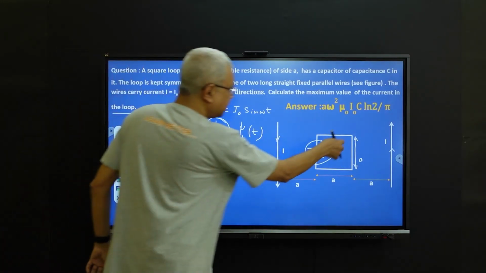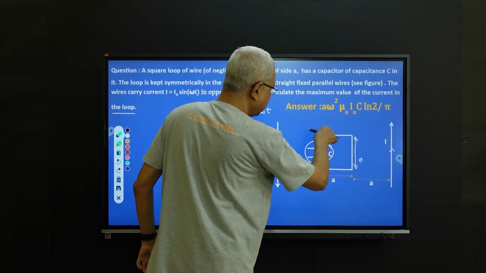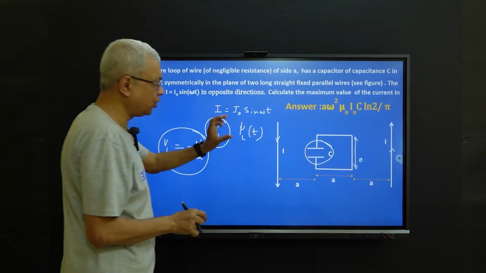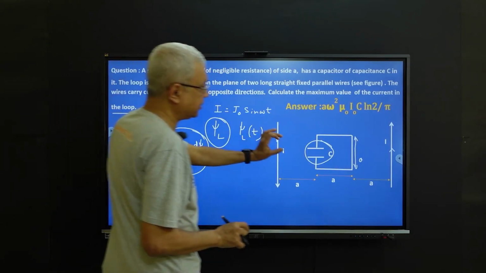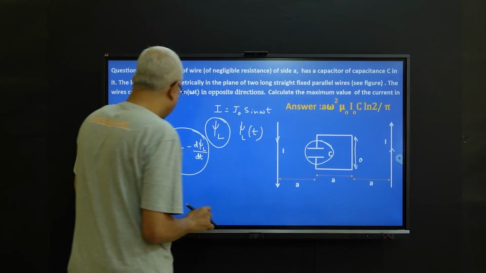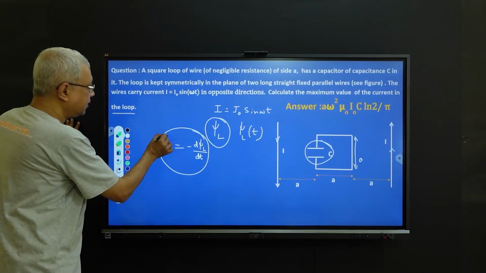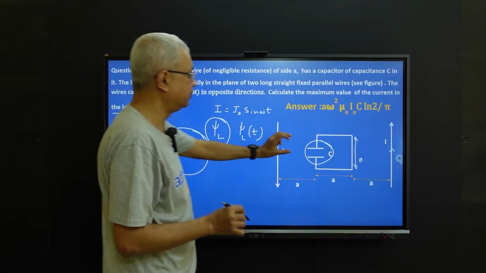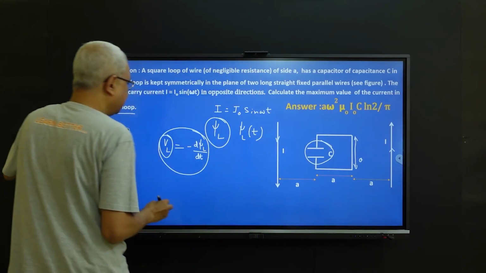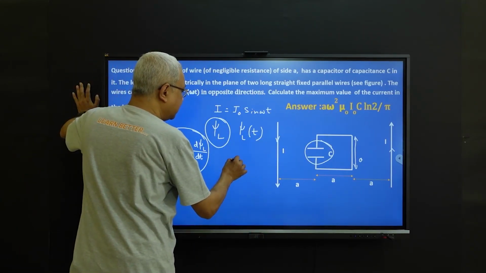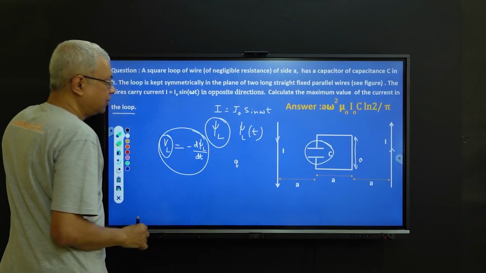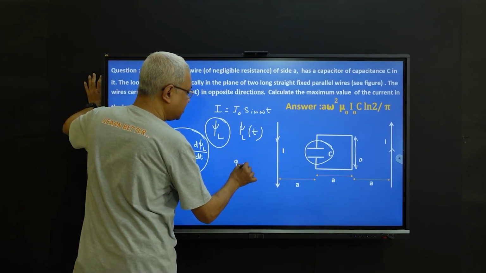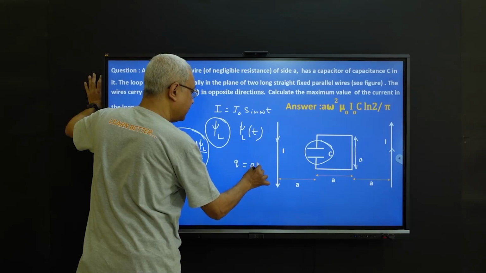Now this is a circuit having negligible resistance. There is only a condenser, a capacitor, present in the loop. The entire induced voltage VL will fall across the condenser, and therefore I can write the charge in the condenser as Q equal to C VL.